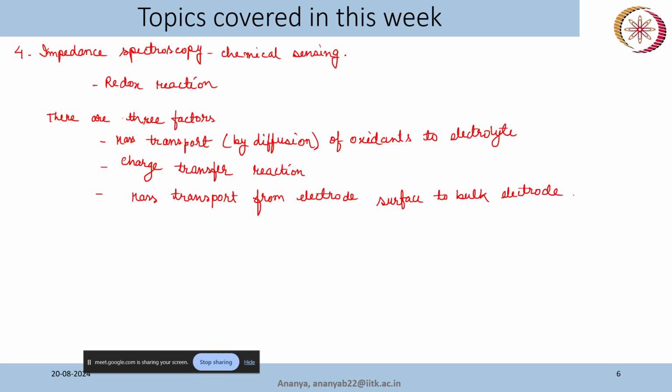Now the overall impedance is governed by these three factors, and the overall impedance of the working electrode is given by this formula. This is RCT plus sigma by j omega, I am directly writing it from the lecture notes. So this resistance comes from the charge transfer reaction.